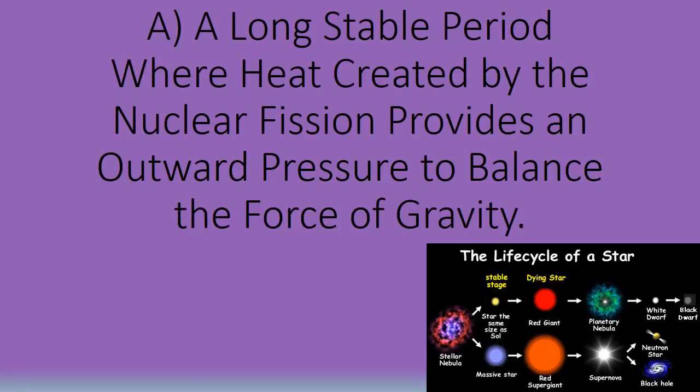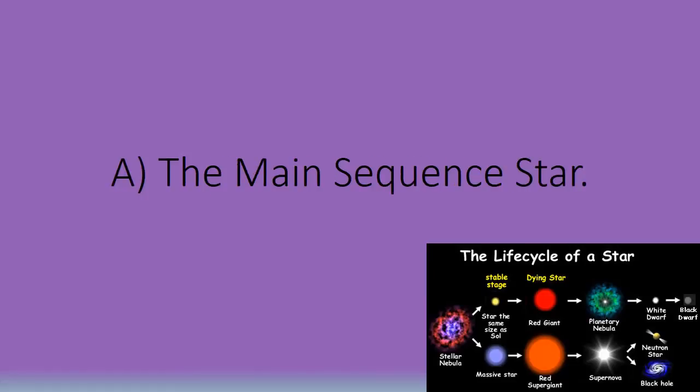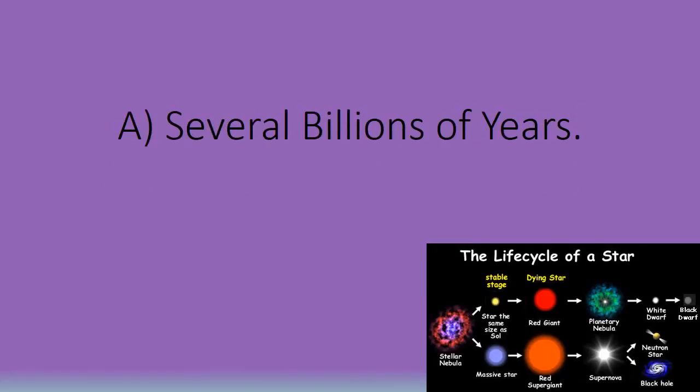A long stable period where heat created by the nuclear fusion provides an outward pressure to balance the force of gravity. What is it called? The main sequence star. How long does this last? Several billions of years.